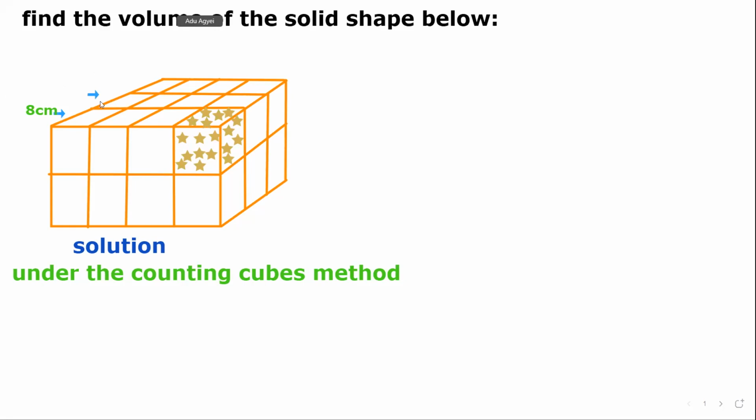And then the second layer is also 8. Once the front layer is 8, then the second layer is also 8 here. It's also made up of 8 centimeter cubes.